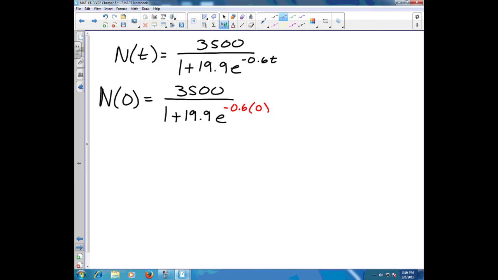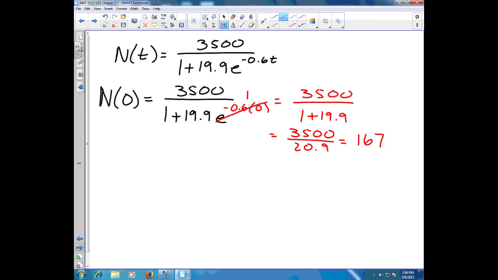Negative 0.6 times 0 is just 0, and e to the 0 power is just going to be equal to 1. So what we wind up with is 3,500 over 1 plus 19.9, which is 3,500 over 20.9, and we get 167. So 167 people were initially infected.